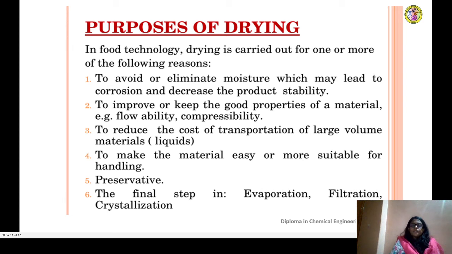So drying is a preservative method in case of food products. Then it is the final step whenever these unit operations are involved in a manufacturing process. So that is the importance of drying in industries.